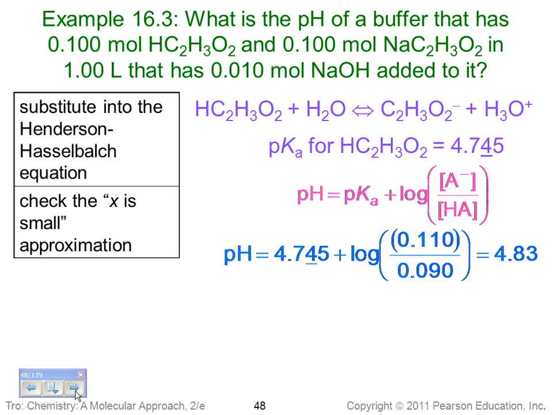But notice this is a two-step process. First, do the stoichiometry to see what the new concentrations of weak acid and its conjugate base might be. Which means I must find the number of moles. So again, if this was 200 milliliters, this would not be 0.100 moles. This would be some other value. This number of moles depends on the volume as well as the concentration.